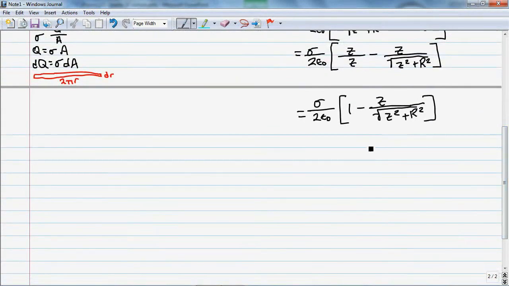Okay. Well, what would happen if r squared was much larger, went to infinity? Well, if this goes to infinity, then this term goes away, and all I have is this value. So if r goes to infinity, then my electric field is equal to sigma over 2 times epsilon naught.